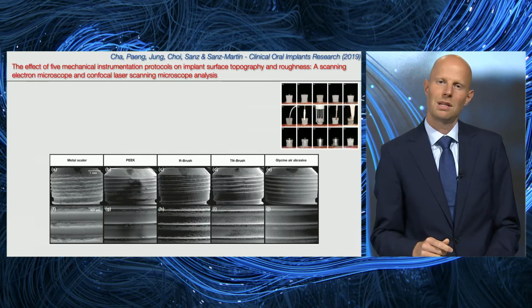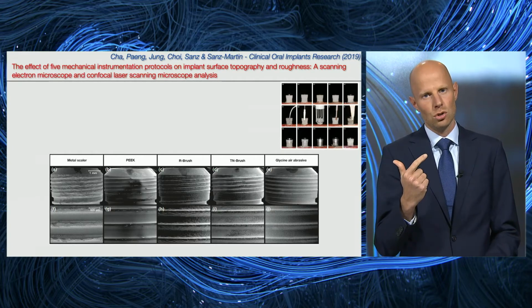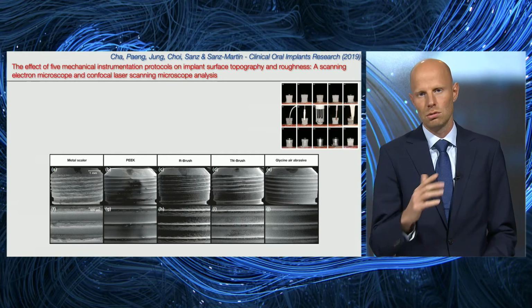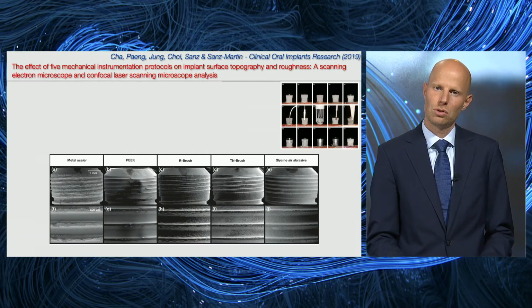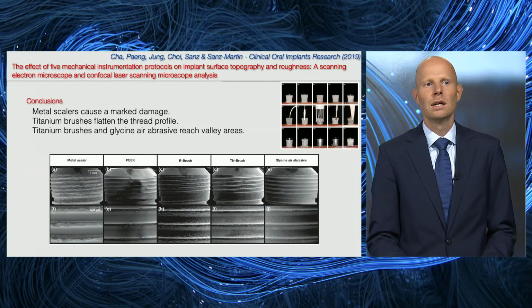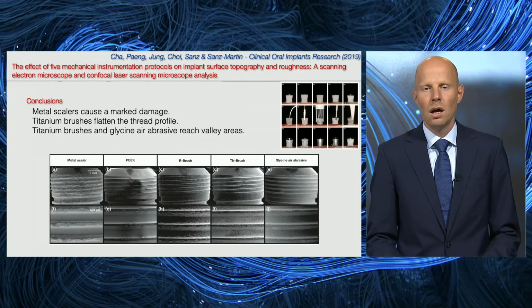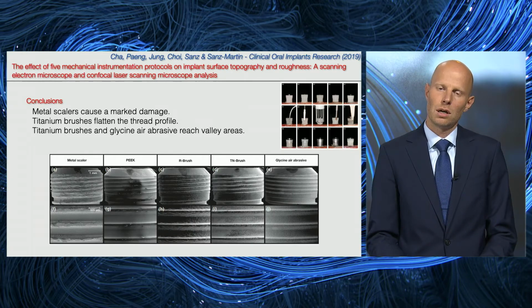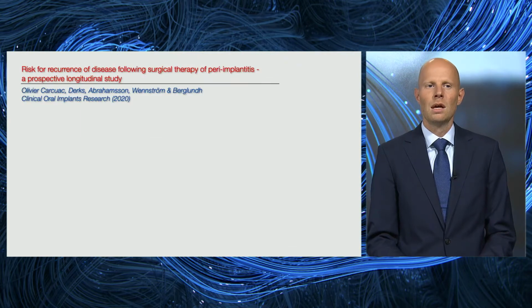So these kind of data indicate that both a titanium brush rotating, but also an air abrasive, are feasible instruments to decontaminate without destroying the implant surface. So this is to us the choice without any clinical data from this particular study, but a concept study indicating that it is a safe procedure to use in our patients.